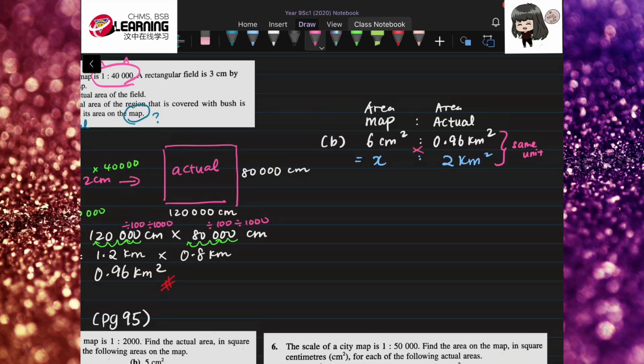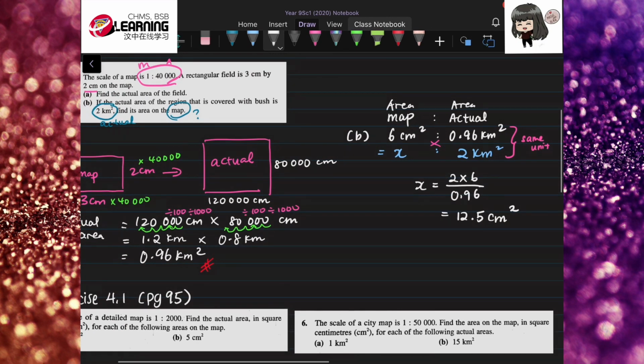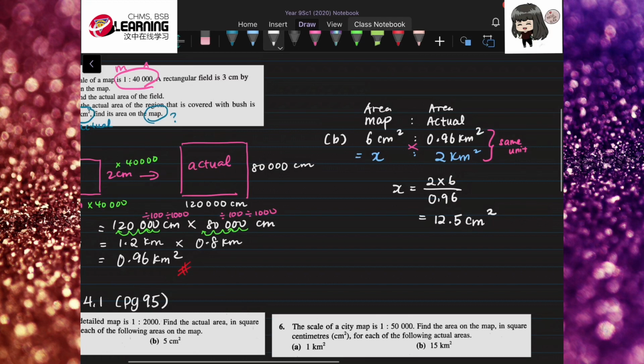So we cross multiply. x equals to 2 times 6 divided by 0.96, which equals 12.5 centimeter square. So this is the area on the map. You can write area on map is 12.5 centimeters square by using cross multiply method.